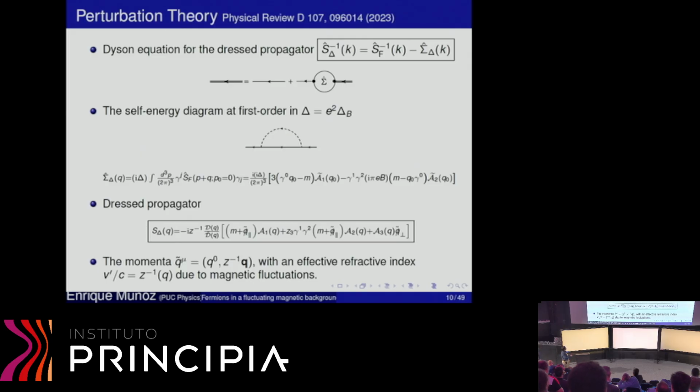This tilde here means that for the spatial component of Q, we introduce a factor which is nothing but the wave function renormalization factor of this interacting theory. And this will act then as a refractive index for the propagation of these quasi-particles, which are dressed with the noise. So we have quasi-particles which are dressed by noise, and it's like they are propagating in an effective magnetized medium due to this disordered fluctuating field.